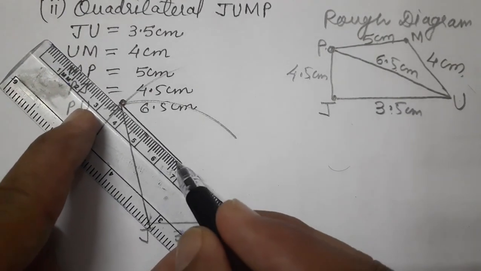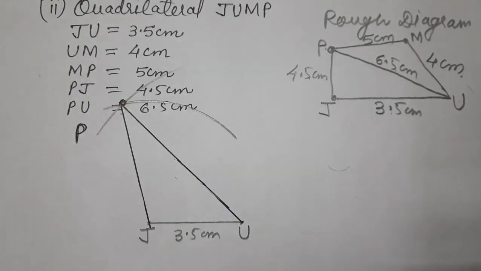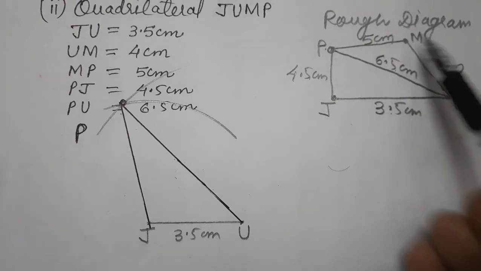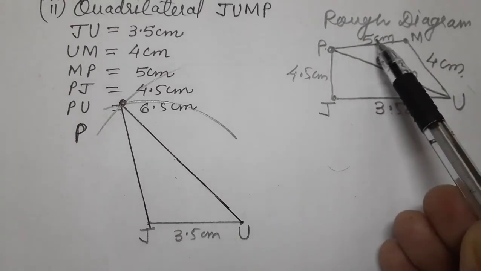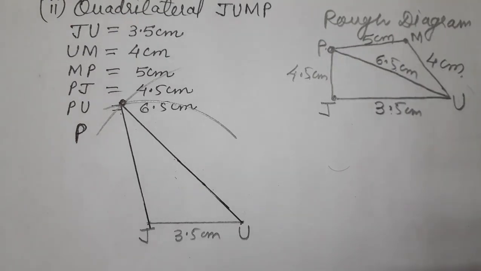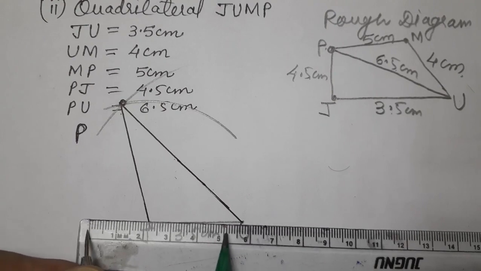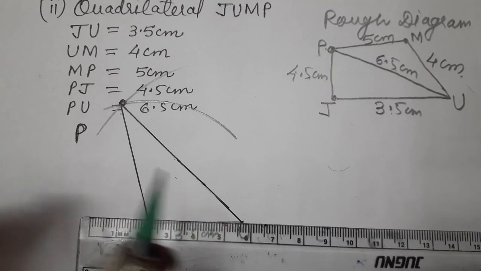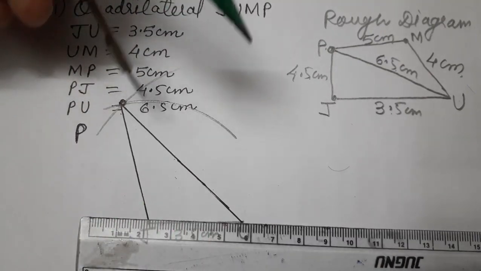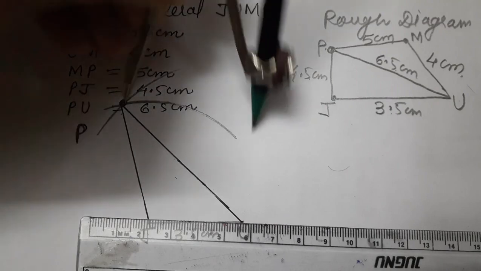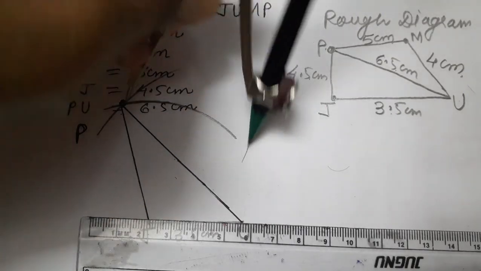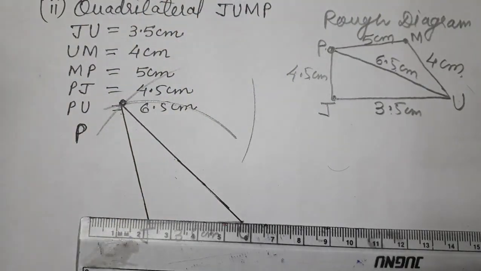Now what do we have to construct? P to M and U to M. P to M is 5, U to M is 4. So P to M first we will make 5. Again measure 5, so it is here 5. From here we take a 5 cm arc radius. Now U to M is a 4 cm arc radius.